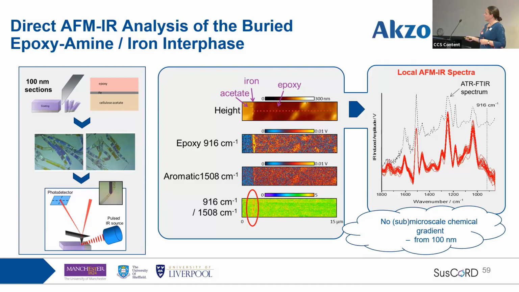We've also got local spectra here showing absolutely no residual epoxy up to 100 nanometers close to the surface. So from this particular experiment, we could say that there may be residual epoxy very, very localized to that iron surface, but there are no microscale or even submicroscale chemical gradients.